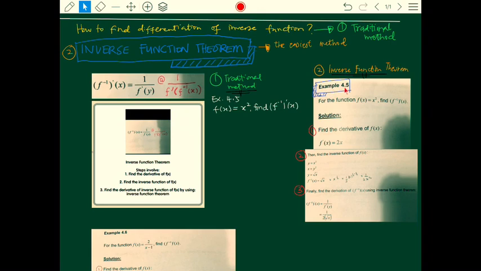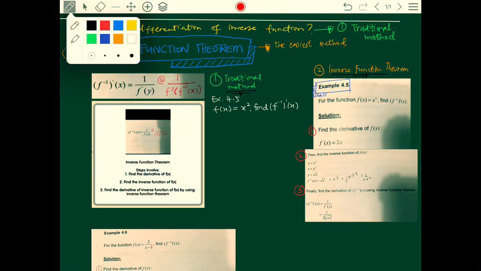I'm referring to example 4.5 here. Given f(x) equals x squared, the question asks you to find the differentiation of f inverse, f inverse prime x. The prime symbol here is the notation that indicates you need to find the differentiation of this function.